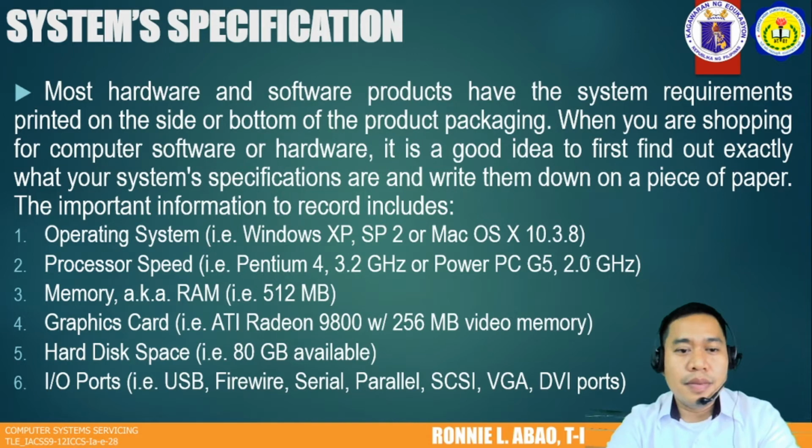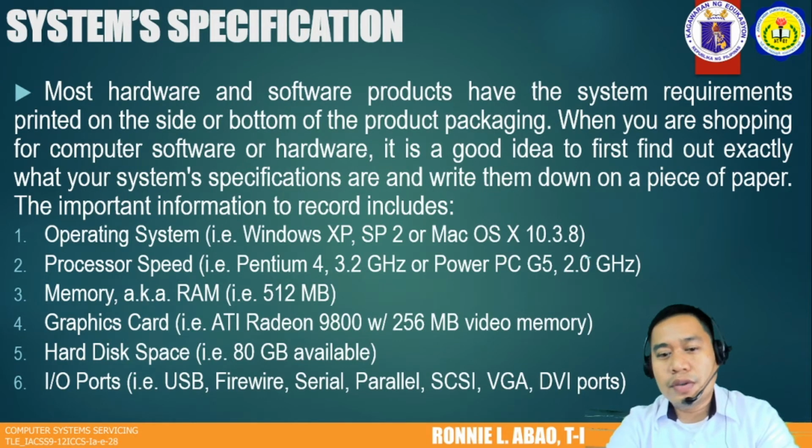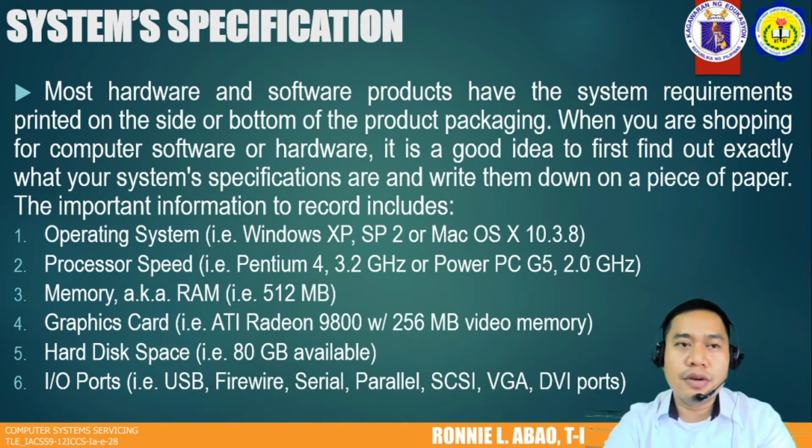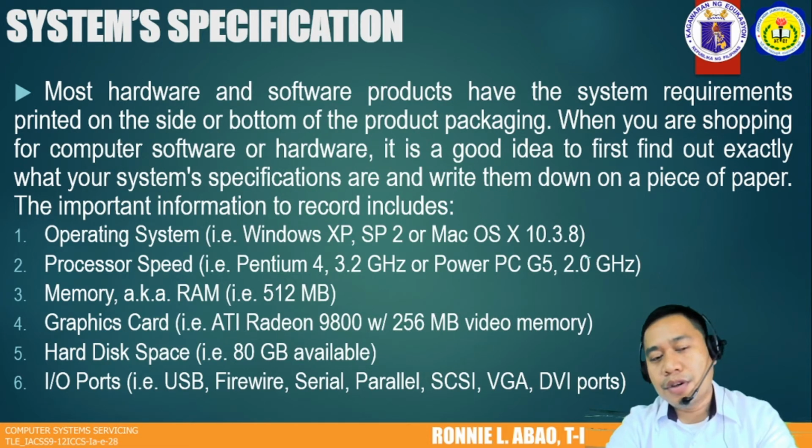Processor speed, for example, Pentium 4 3.2 GHz or PowerPC G5 2.0 GHz. Sa Mac OS yan, yung PowerPC. Sa memory or RAM, example niyan is 512 MB or 1 GB or 2 GB. Depende. Graphics card for sa mga game.